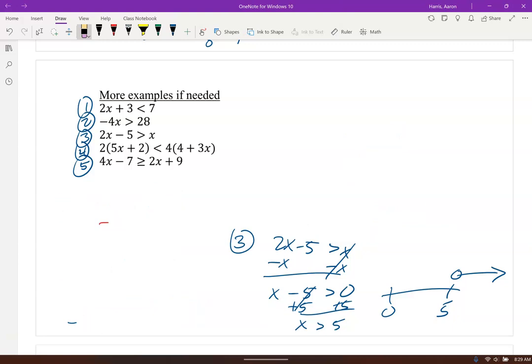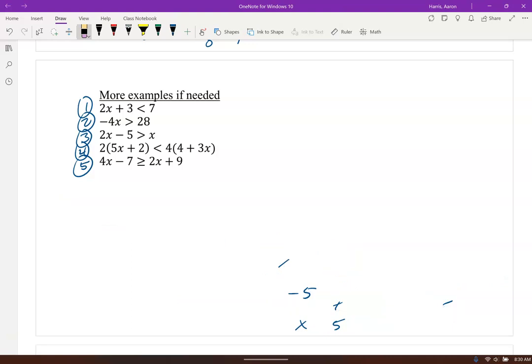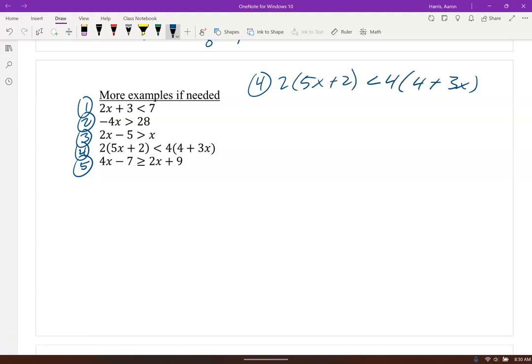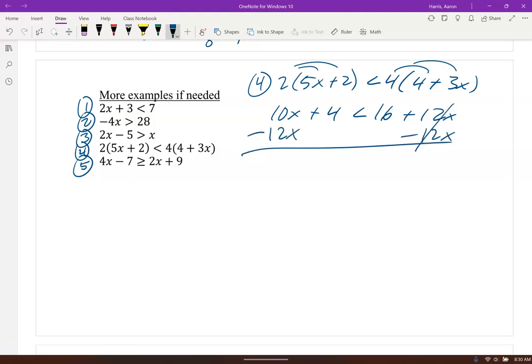Let's get a little room for these last two. Go ahead and distribute these. Get all your x's on the left-hand side. Go ahead and get your numbers on the other.